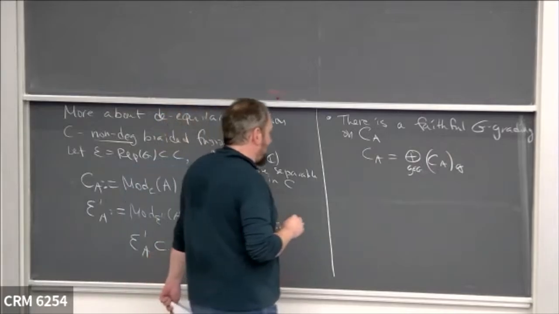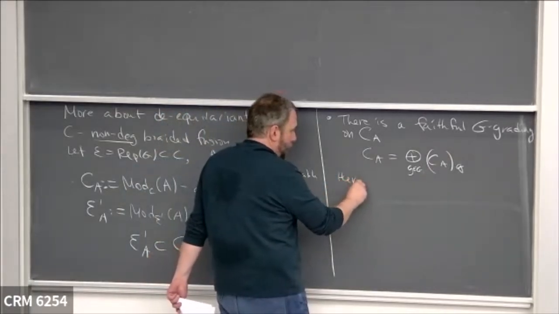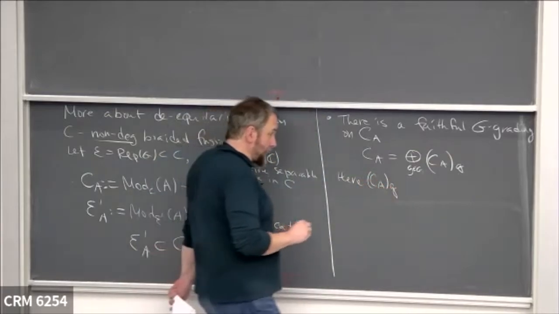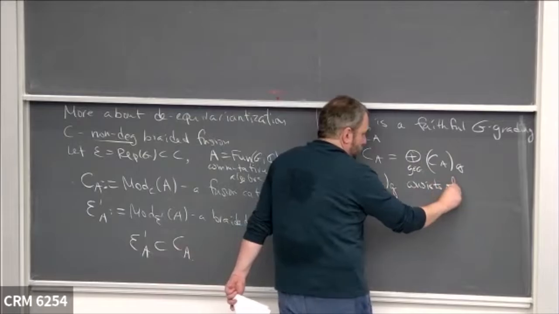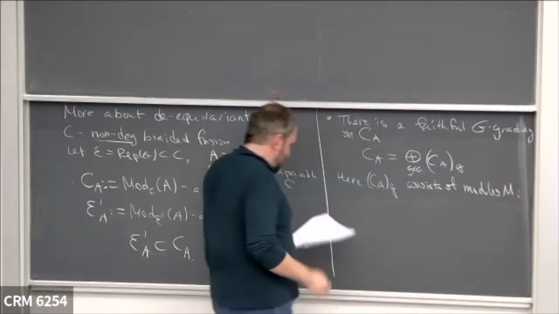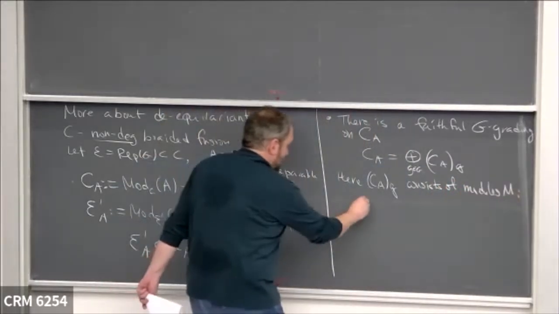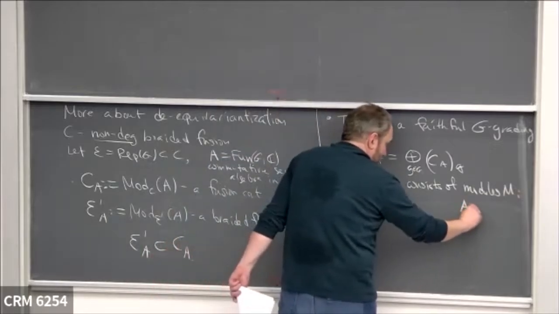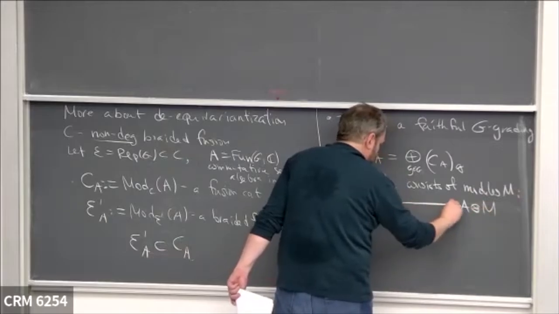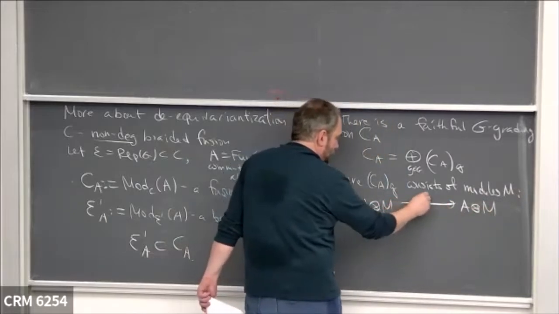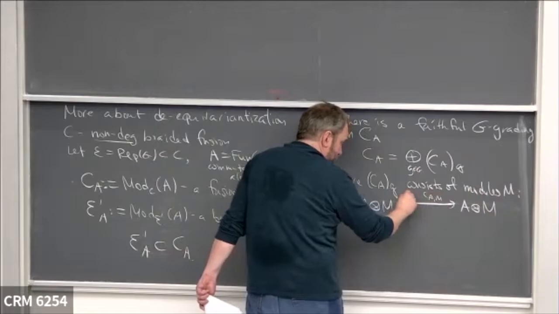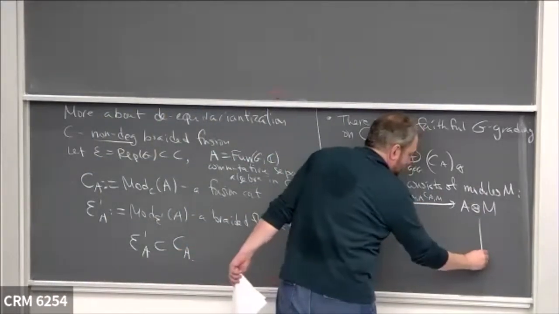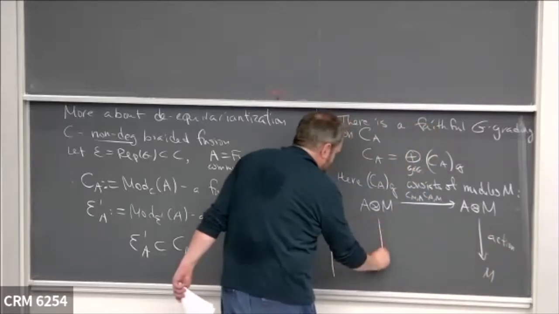Here, the g-homogeneous component of this grading consists of modules M that satisfy this twisted condition. Let me write this down. You have algebra A and module M. You can apply square braiding between them, and then apply the module action. And here you twist the module action.